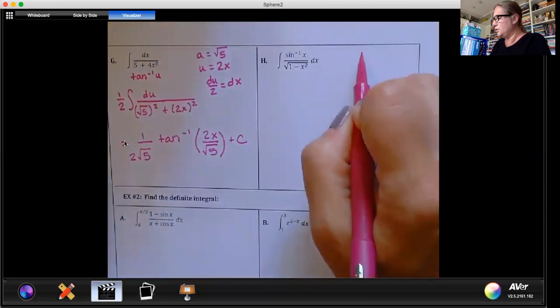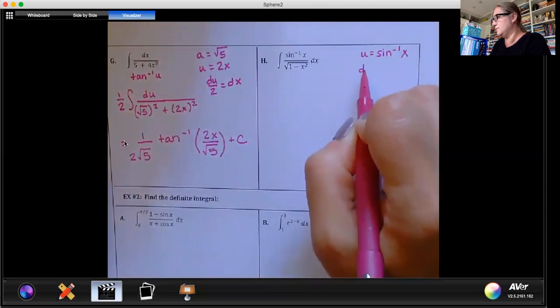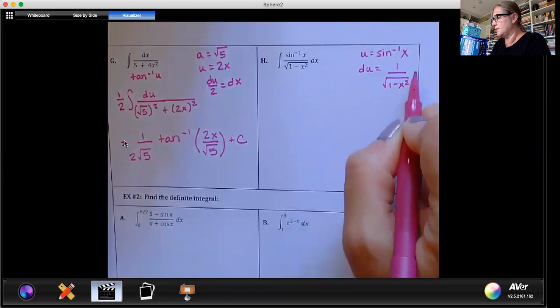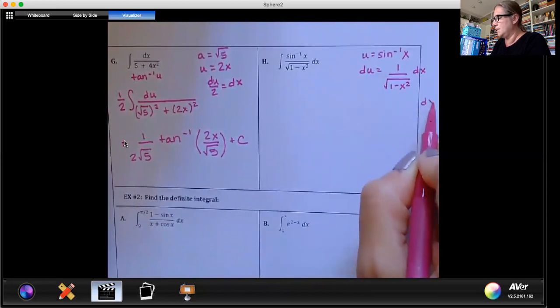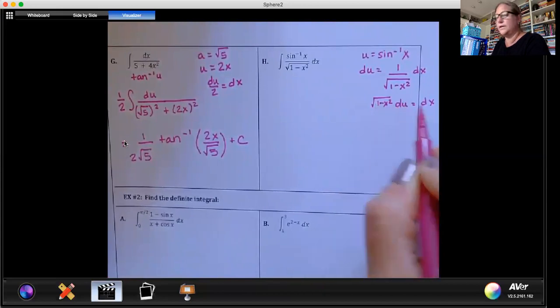And for u is going to be your inverse sine, and its derivative is 1 over square root of 1 minus x squared dx. So dx is square root of 1 minus x squared du.